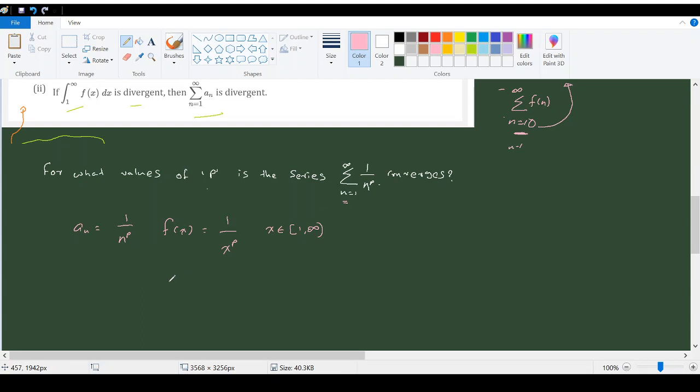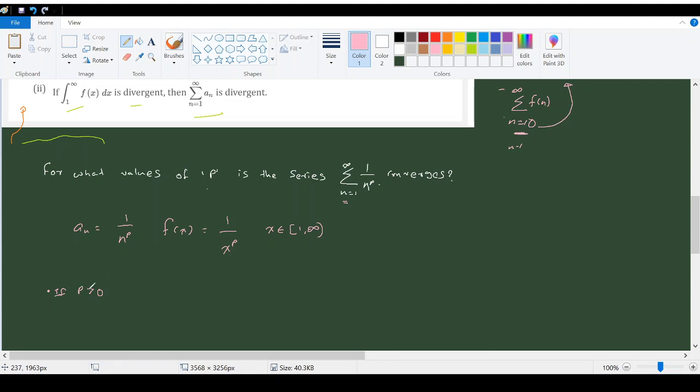And now if p is greater than 0, that means if p is a positive number, we will discuss later what will happen if p is equal to 0 and what if it is a negative number, right? But just for the time being, let's consider the case where p is greater than 0.